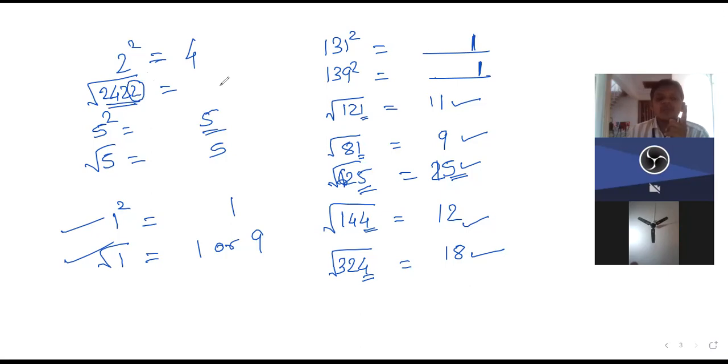If it is not a square number, we can never find its square root. So 2 ka square will end with 4, but square root of a number ending with 2, you can't find out. Are you understanding? Yes, sir. So it's important. You have to think what is the question. Think very, very carefully.